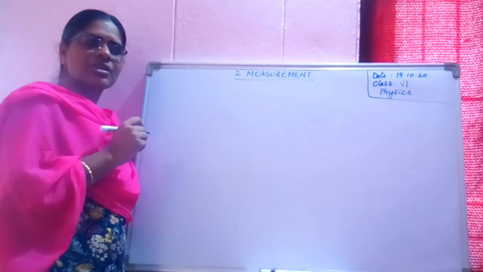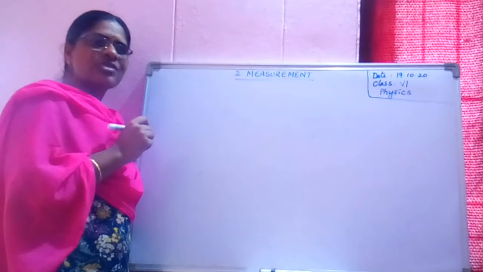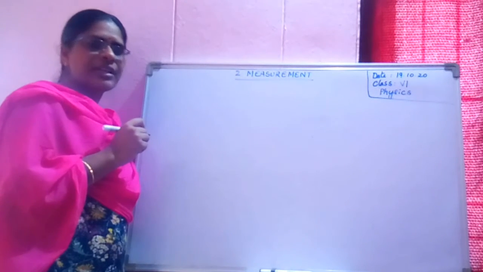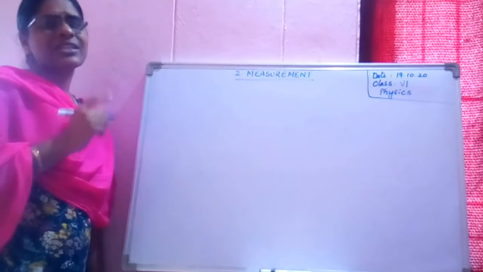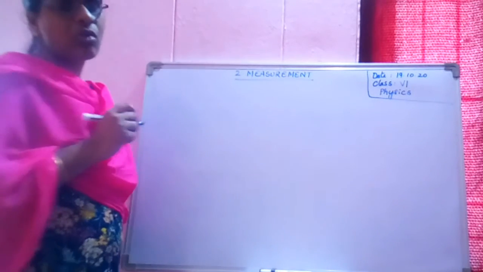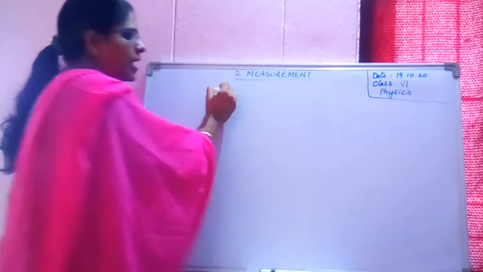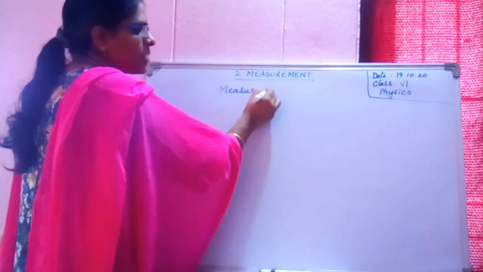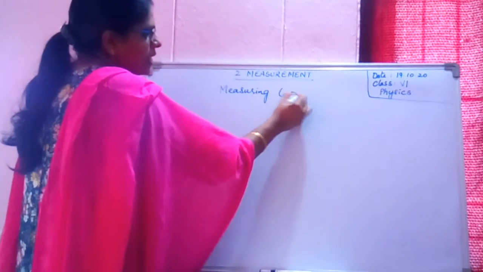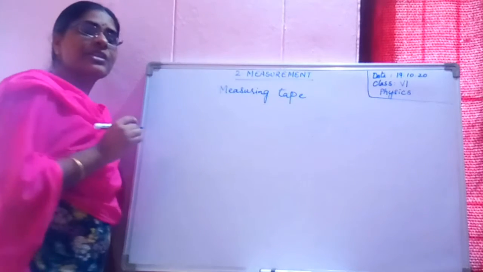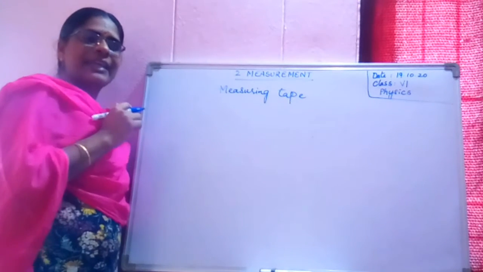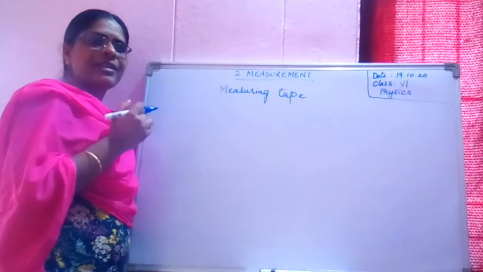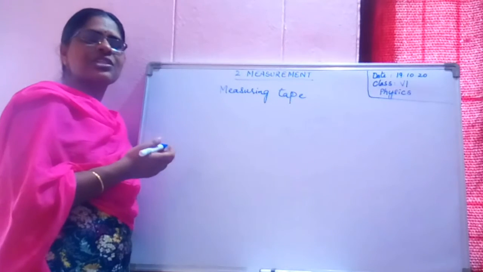Are those measurements or not? Yes. By using some instrument he will be measuring. What is that? A measuring tape. Have you all seen a measuring tape? Yes. A measuring tape may be used by the tailor to find out the measurements in order to stitch a dress.